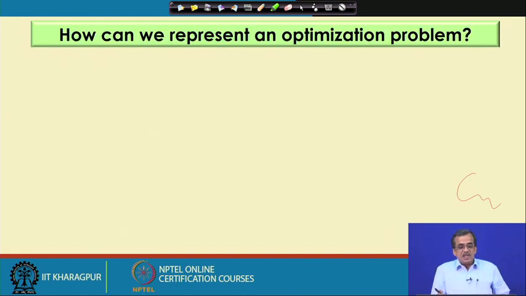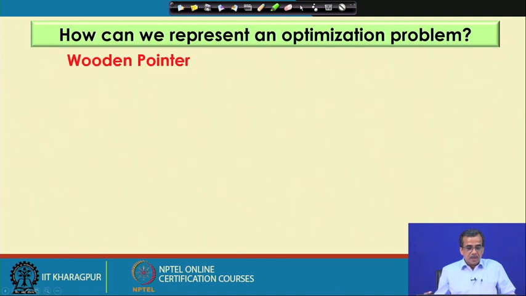Now, the next question is, how can we represent an optimization problem mathematically? To represent the optimization problem mathematically, I will take one example, the example of the wooden pointer.